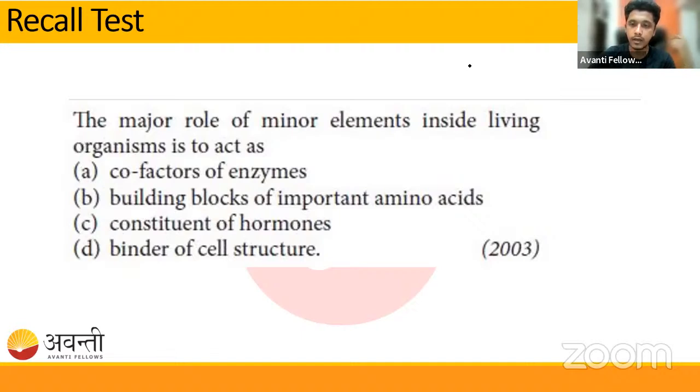I hope you can see it. The major role of minor elements inside living organisms is to... Exactly.